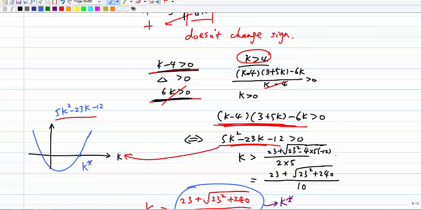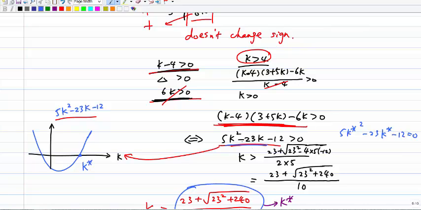So this k star is given by the value when you make this one 0, which means essentially 5k star squared minus 23k star minus 12. This guy has to be 0. As long as you're greater than that critical value, then that's great. So this critical value k is greater than what? It's using k should be greater than 23 plus square root of 23 squared minus 4 times 5 times 12, divided by 10.